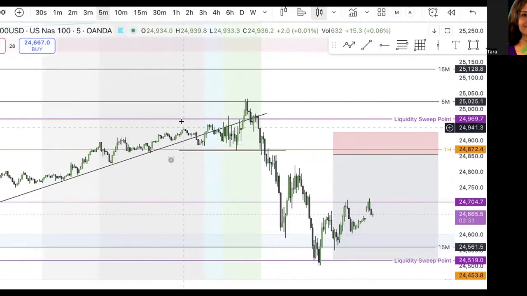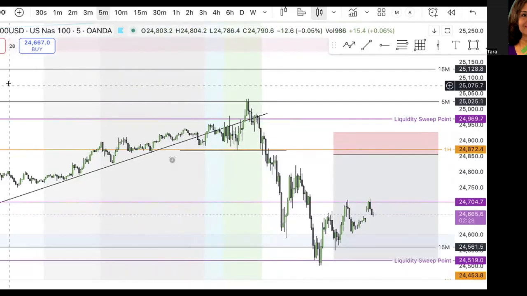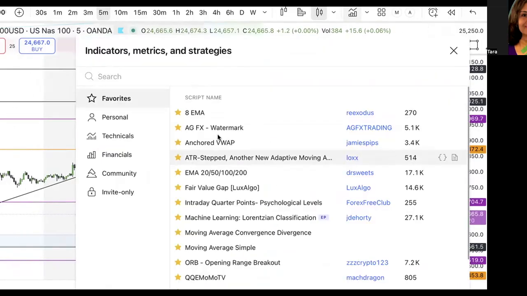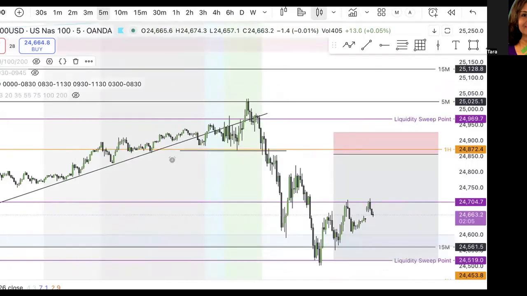If you didn't want to draw these lines yourself, you could also rely on a tool or an indicator, which is called the ORB, the opening range breakout. This is the person who has created it, but I have that tool up here and I use it sometimes.